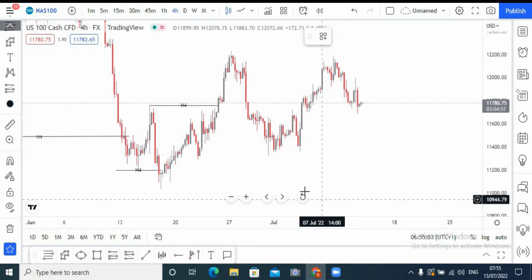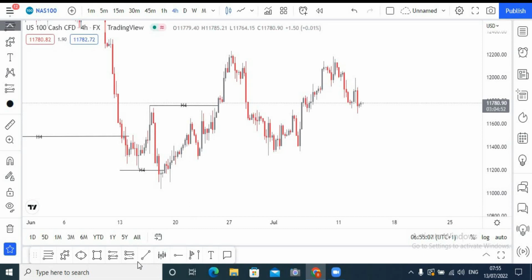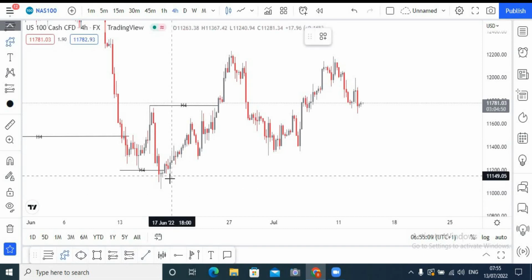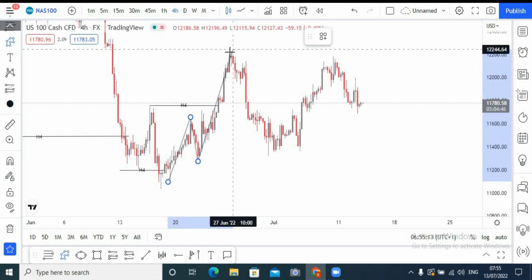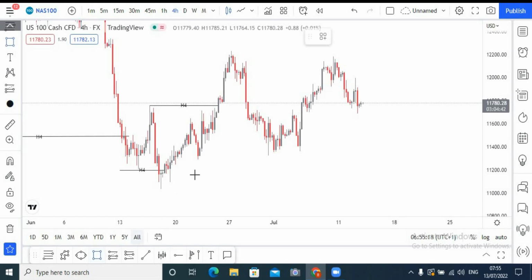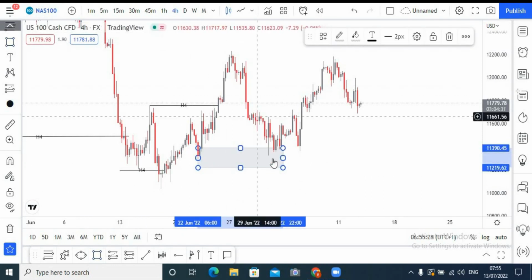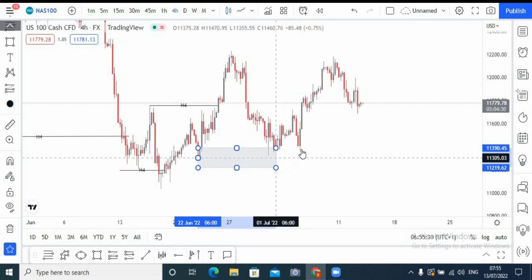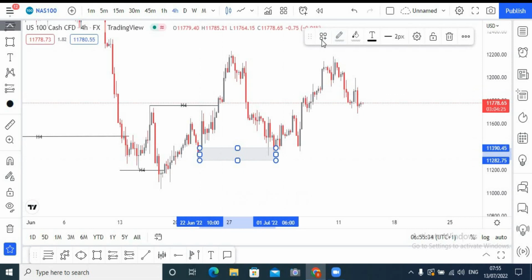As you can see, guys, we did have a change of character, and this was a clean move right here of rally, base, rally, right? Price came back to this OB right there, to that OB right there, right? Something like this.